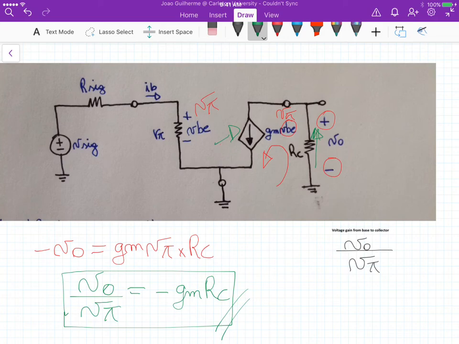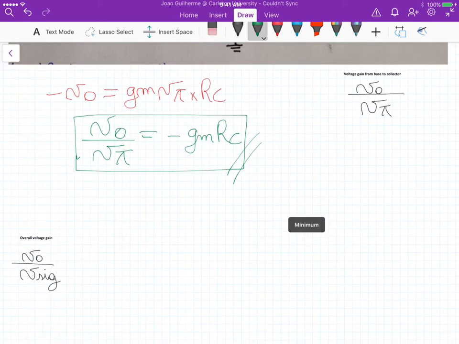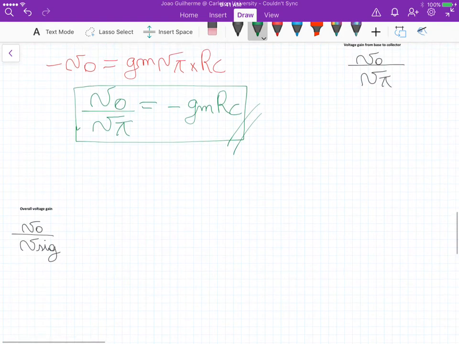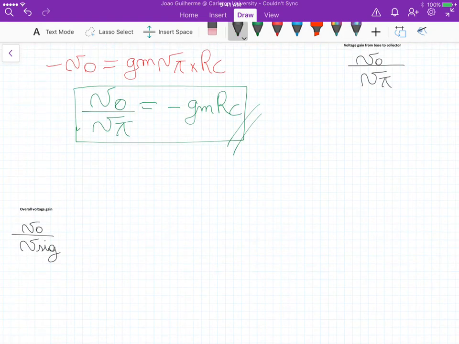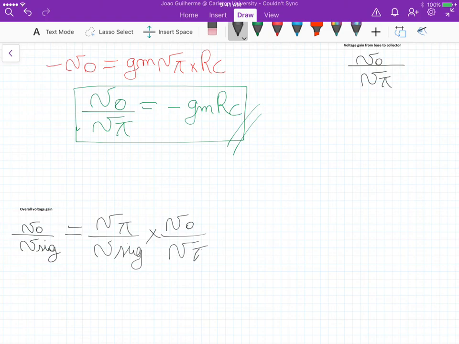Now that we have those terms, we can define the overall voltage gain. The overall voltage gain is the same as the voltage transmission from source to amplifier, which is V pi over V signal, times the voltage gain from base to collector, which is V out over V pi. As you can see, V pi and V pi here cancel out, so we get the ratio V out over V signal.